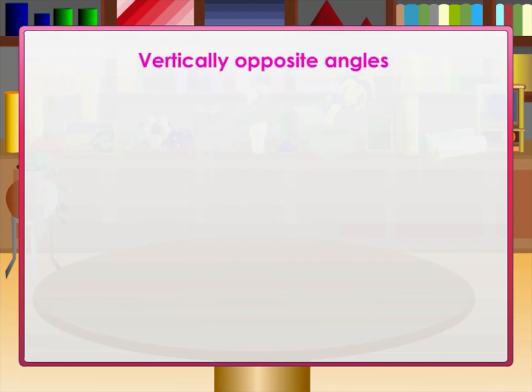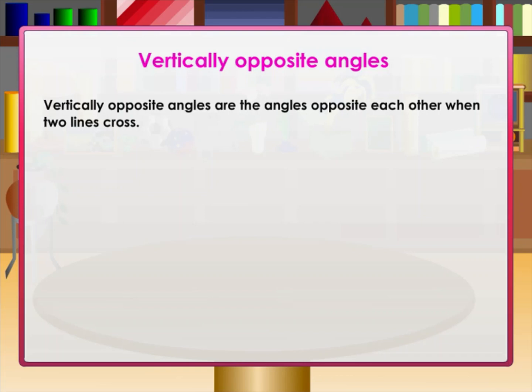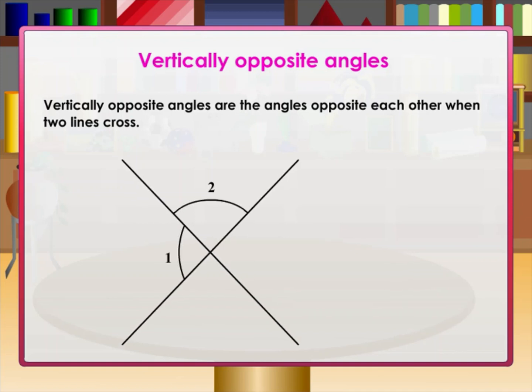Vertically opposite angles. Vertically opposite angles are the angles opposite each other when two lines cross. Consider two lines intersecting at one point. While intersecting, four angles can be formed. We name the angles as angle 1, angle 2, angle 3, and angle 4. Here, angle 1 and angle 3 are formed opposite to each other.